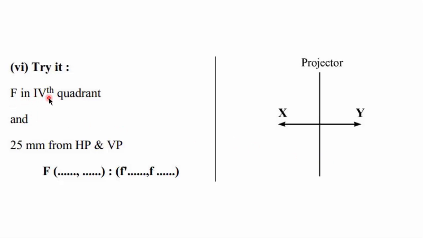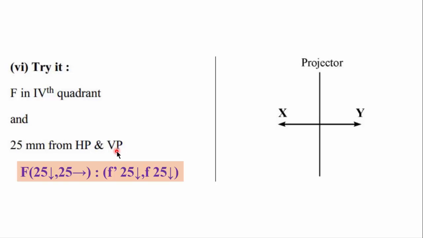Next, point F is in fourth quadrant and 25 mm from HP as well as VP. Remember, fourth quadrant is in front of VP and below HP. That means point F is 25 mm below HP and 25 mm in front of VP.